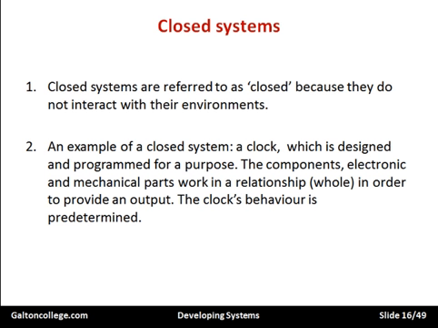The job is to provide the output. The output is to tell the time, to show the time. And the clock's behavior is predetermined. But the clock is a self-contained system. Everything is within the clock. So the clock does not have to interact with its environment.